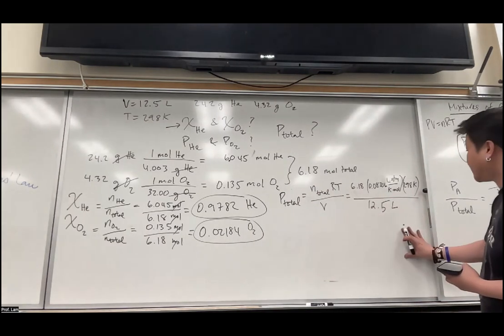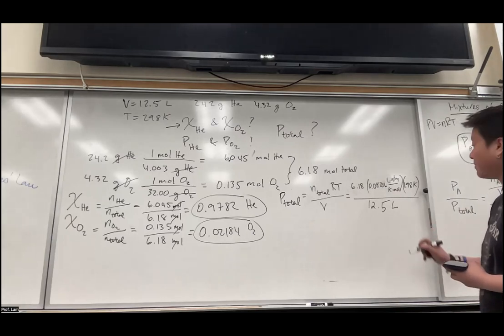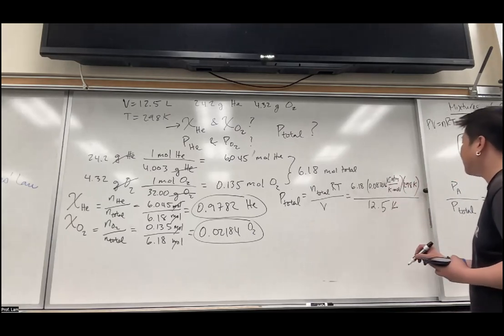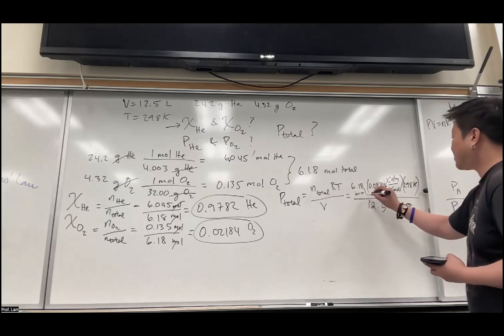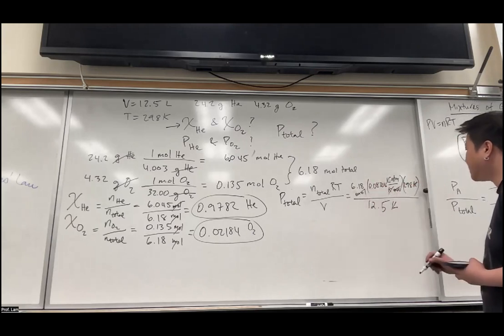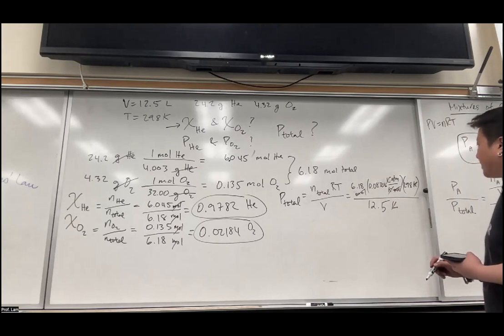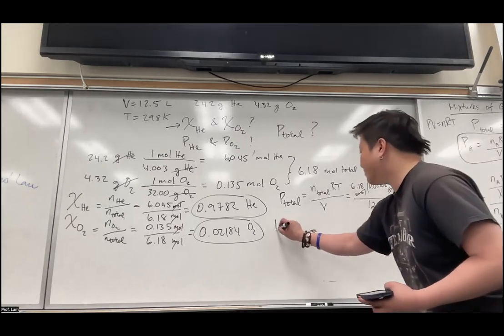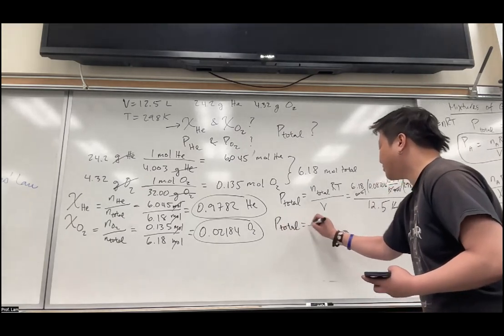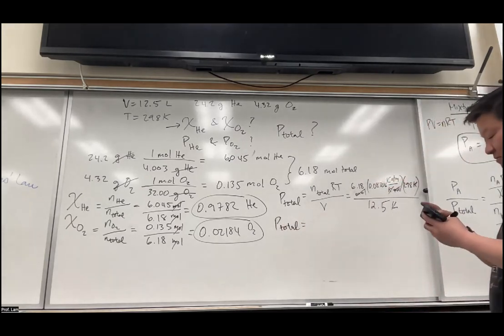Okay, you guys can see. So liters cancel. Kelvin cancels. This was moles, right? 6.18 moles, so mole cancels. And I'm left with atm, right? Great, because that's the unit of pressure. So let's punch that in.